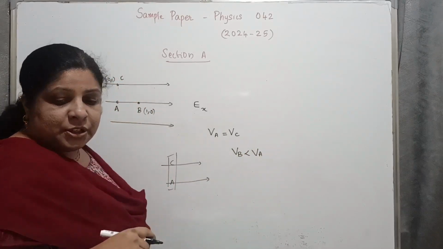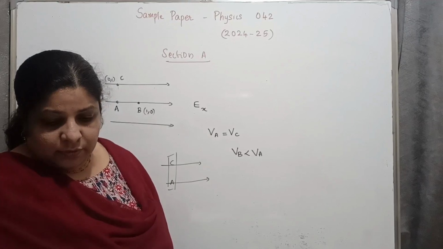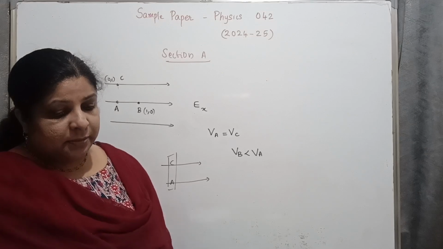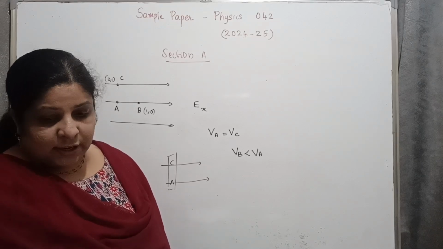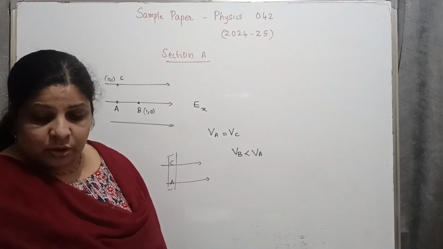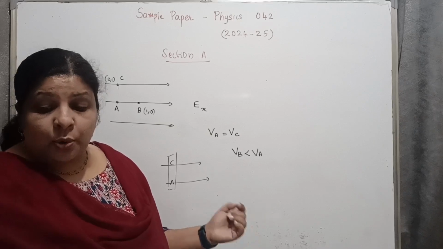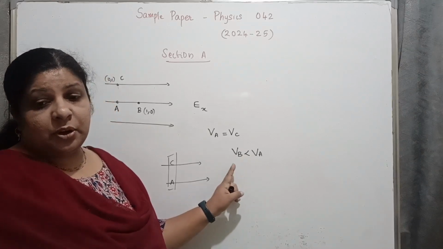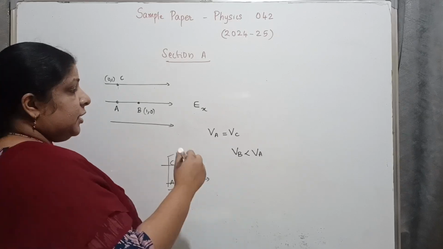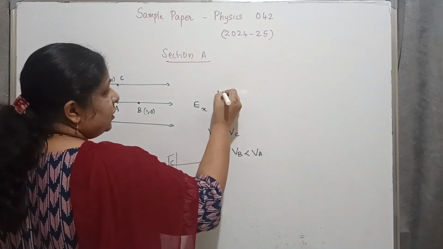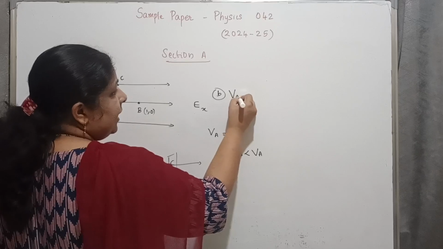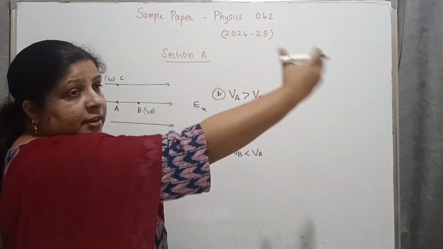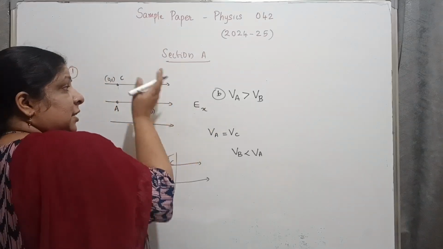So, let us see the options. Option B gives potential at A is greater than potential at B. Because B is in the electric field direction, A is near to the charge.